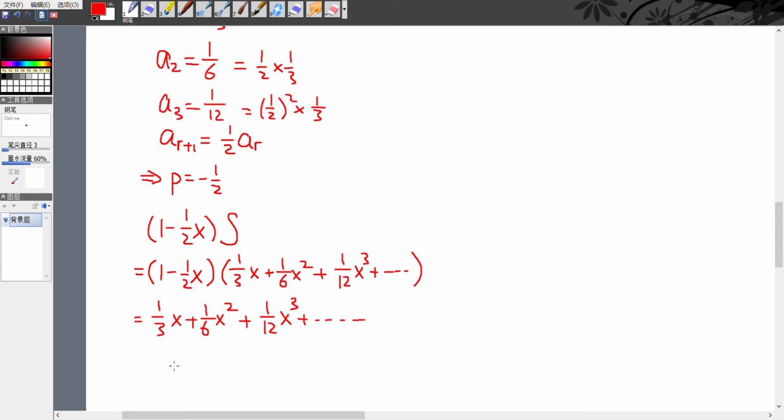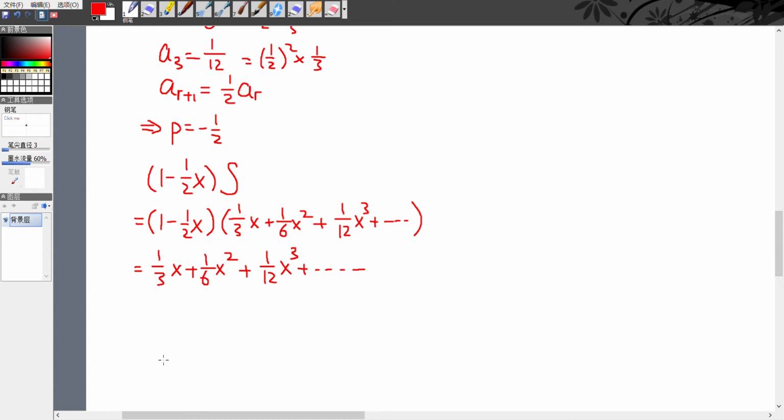and by multiplying negative 1 over 2x to all the terms in S, we would end up with negative 1 over 6x squared minus 1 over 12x cubed minus 1 over 24x to the 4th minus all the way to infinity.